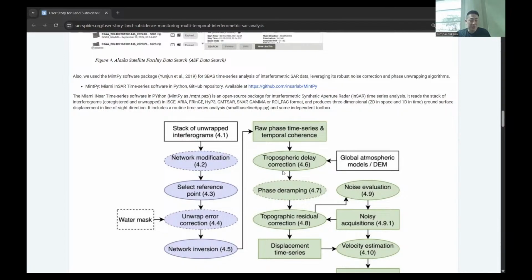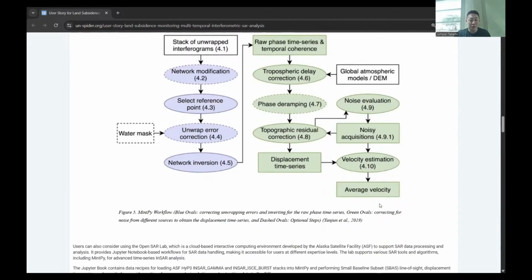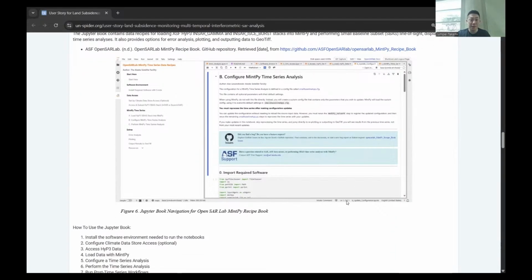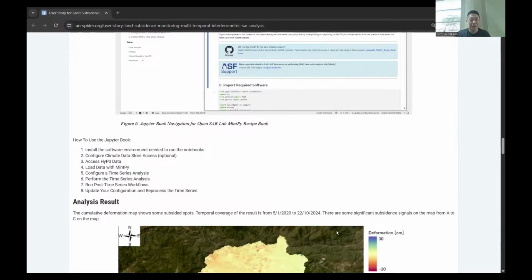As you can see, this is the flow. The OpenSARLab ASF recipe book is also already on GitHub. This is a Jupyter notebook browser interface, so it's very easy to understand.